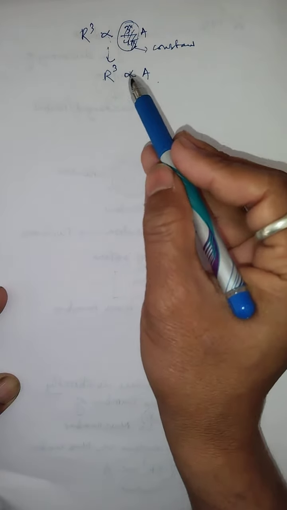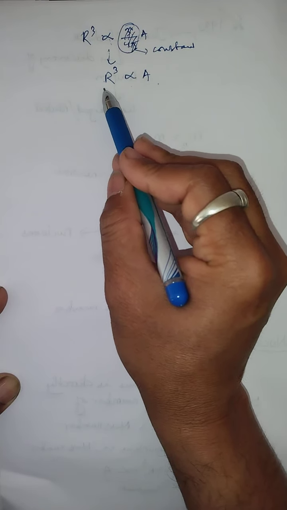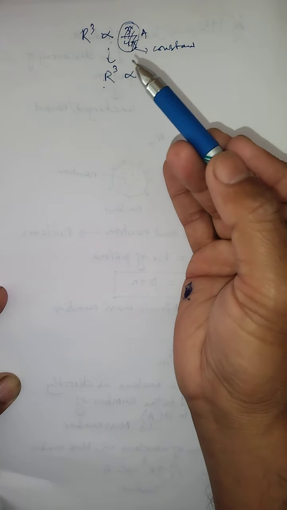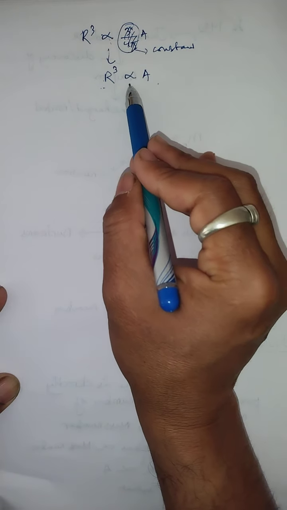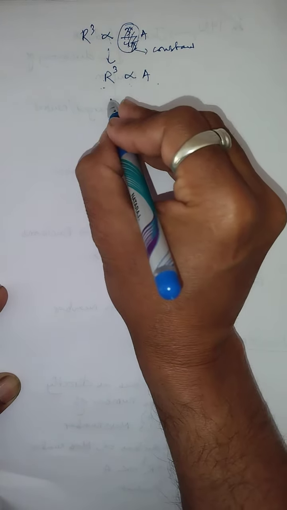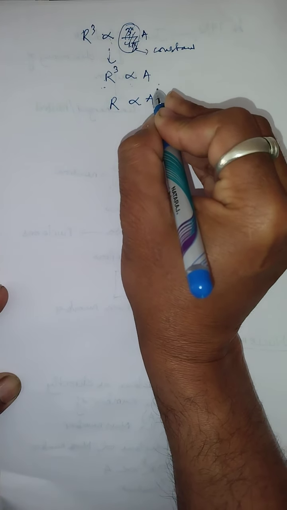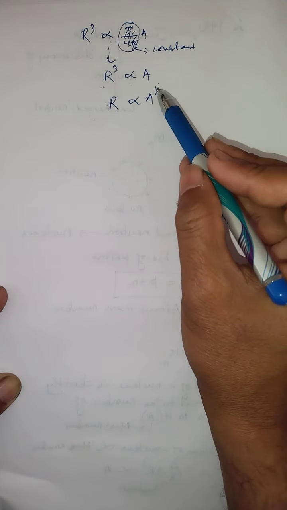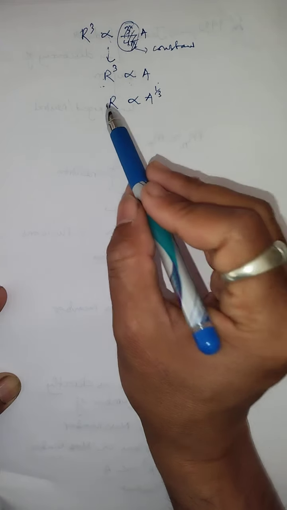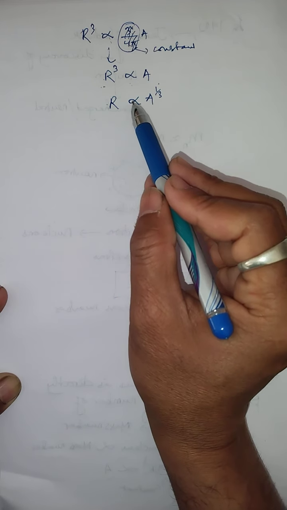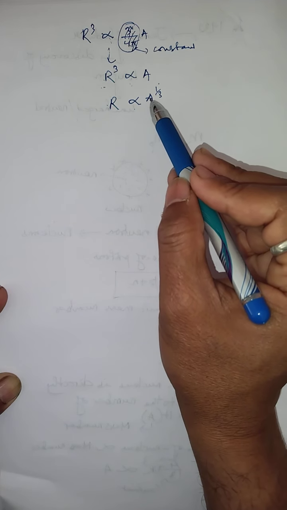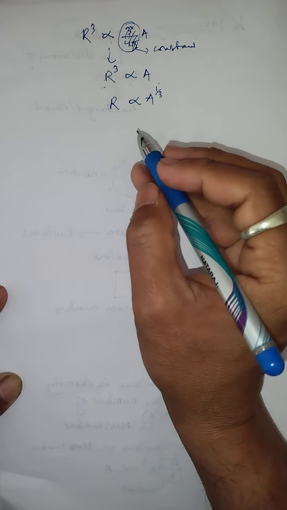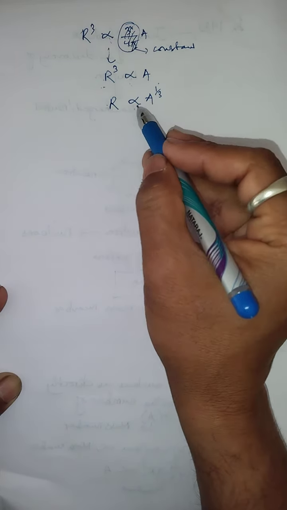R is the radius, which varies for different nuclei, and A is the mass number, which can be any mass number for different nuclei, which means R cube is proportional to A. If R cube is proportional to A, then R is proportional to A to the power 1 by 3, because removing the cube on the left side gives the cube root on the other side. Which means the radius of the nucleus is proportional to the cube root of the mass number. If R is proportional to A to the power 1 by 3, then we can remove the proportional sign and use the equals sign.